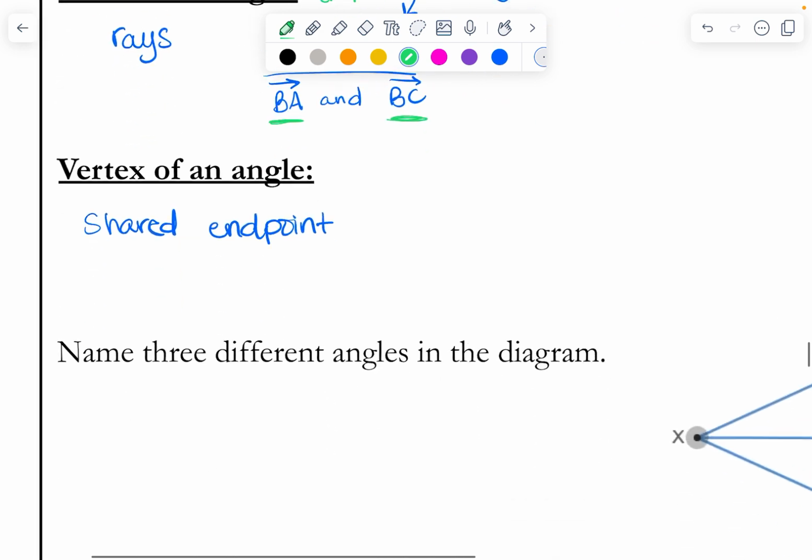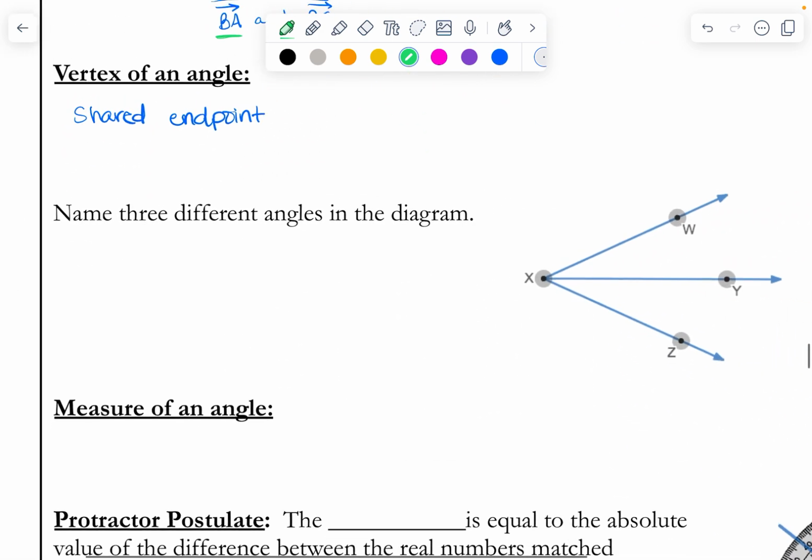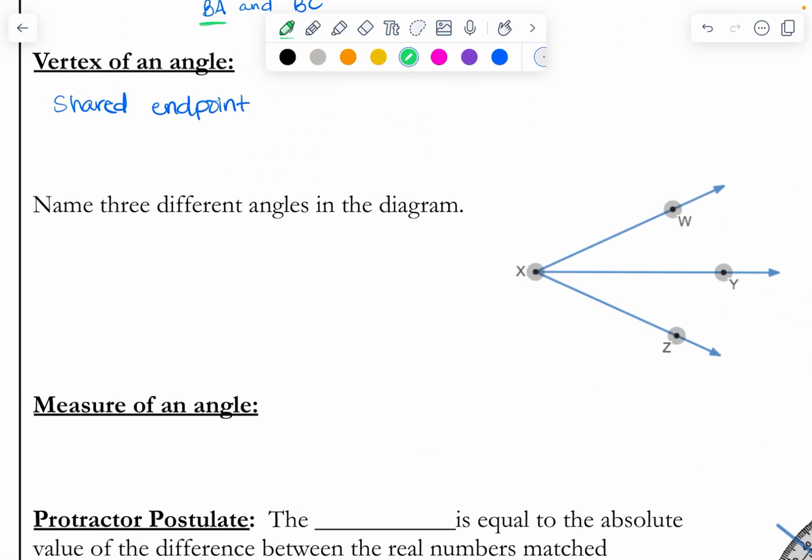Okay, all right, if we go down to this example, it's asking us to name 3 different angles in the diagram. So if we look at the diagram here, let me do different colors. We'll start with orange. So the first angle that I can clearly see is the biggest angle here, the one outlined in yellow now.